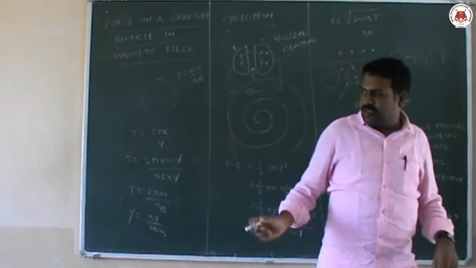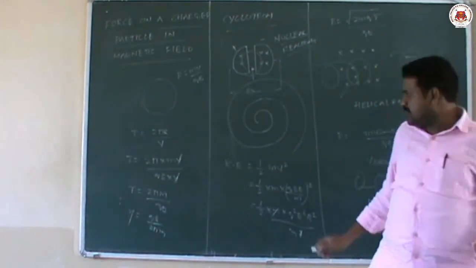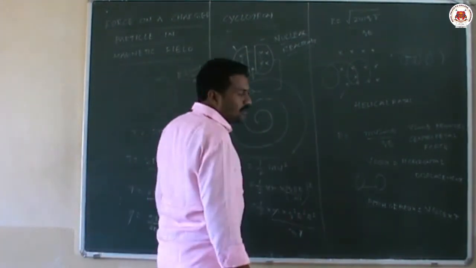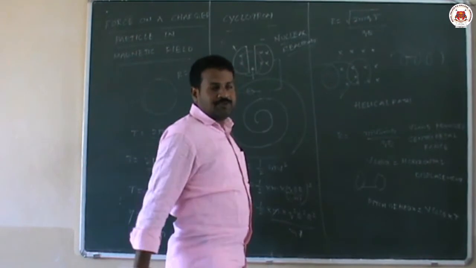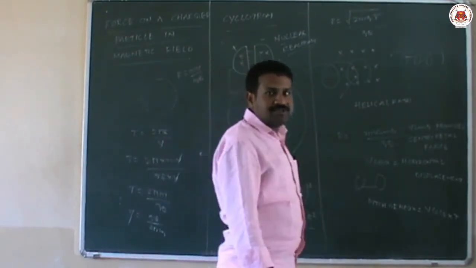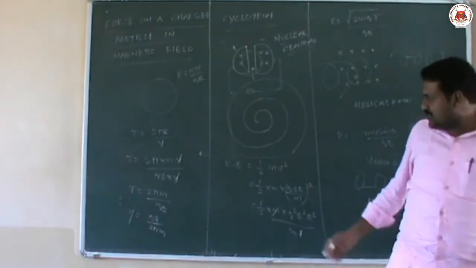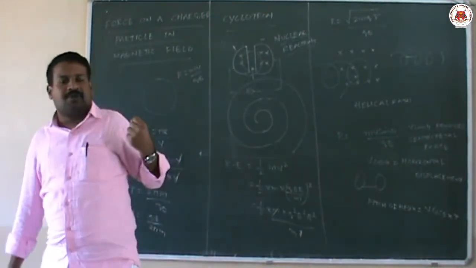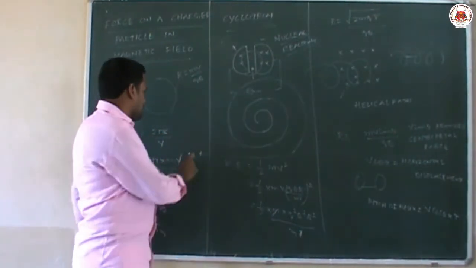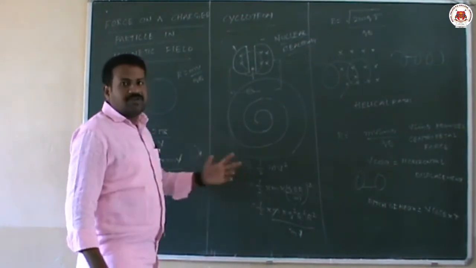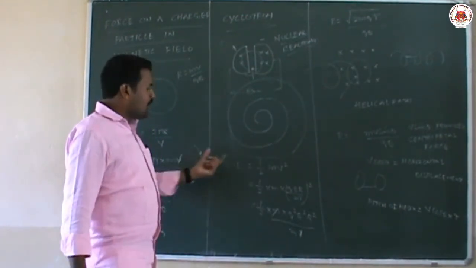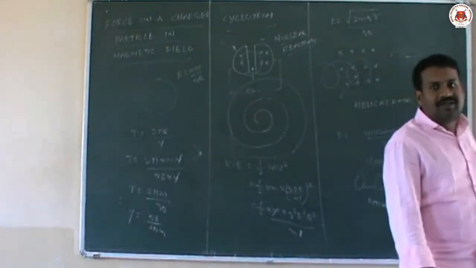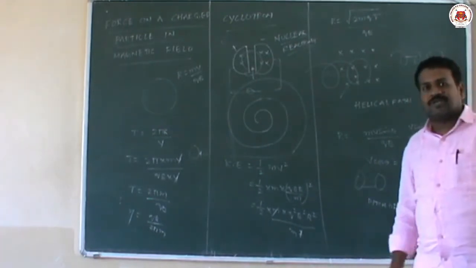Once the kinetic energy increases, we open the outlet and the charged particle is utilized for bombardment, like an alpha particle bombarding a uranium nucleus. That alpha particle is sent into this cyclotron, the radius increases, kinetic energy increases, and finally we let it out of the cyclotron. It goes to where the uranium nucleus is, and then it will bombard. To overcome nuclear repulsion, high kinetic energy particles are required, and those are developed from the cyclotron.